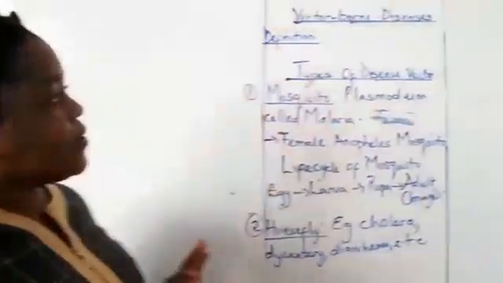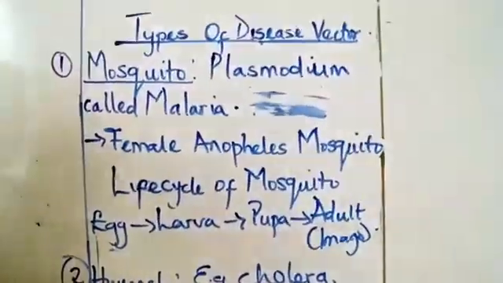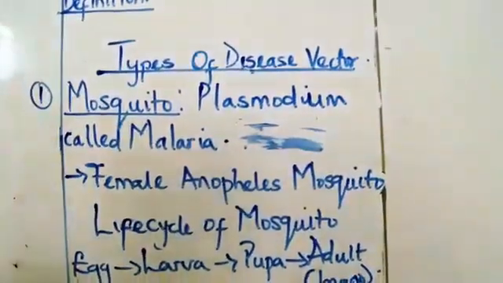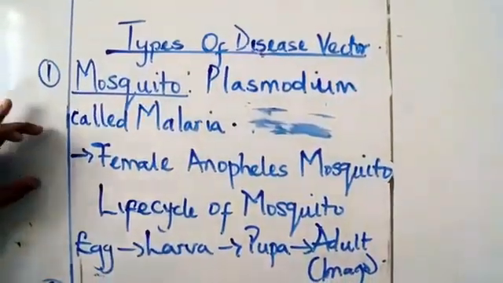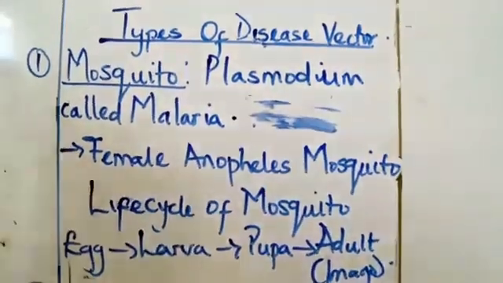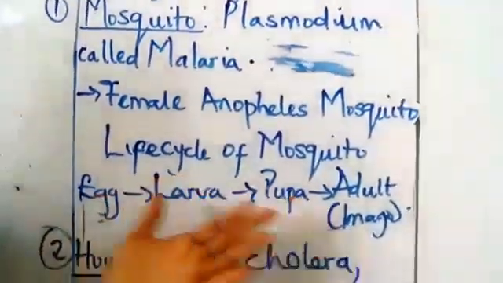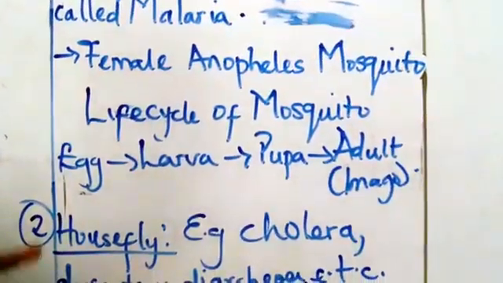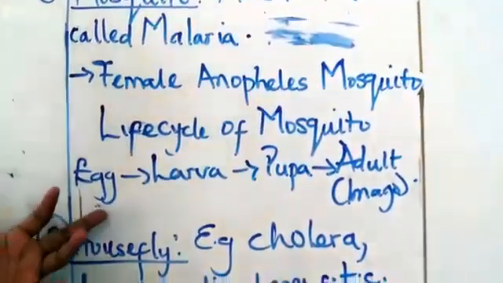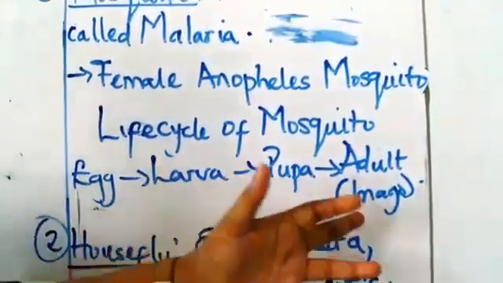We also spoke about types of disease vector, the mosquito, which carries Plasmodium, known as malaria. Specifically, it is the female Anopheles mosquito that transmits malaria. We also spoke about the life cycle of a mosquito, which undergoes a complete metamorphosis from the egg to the larva to the pupa and to the adult.